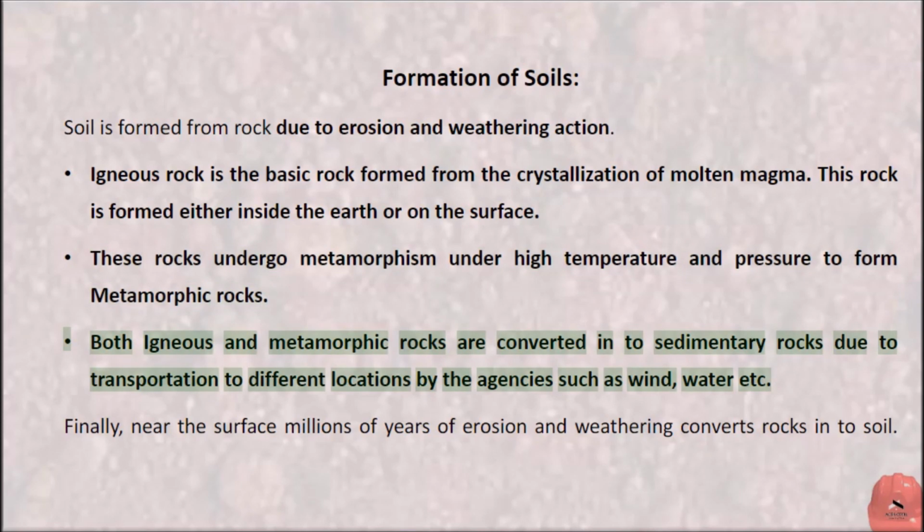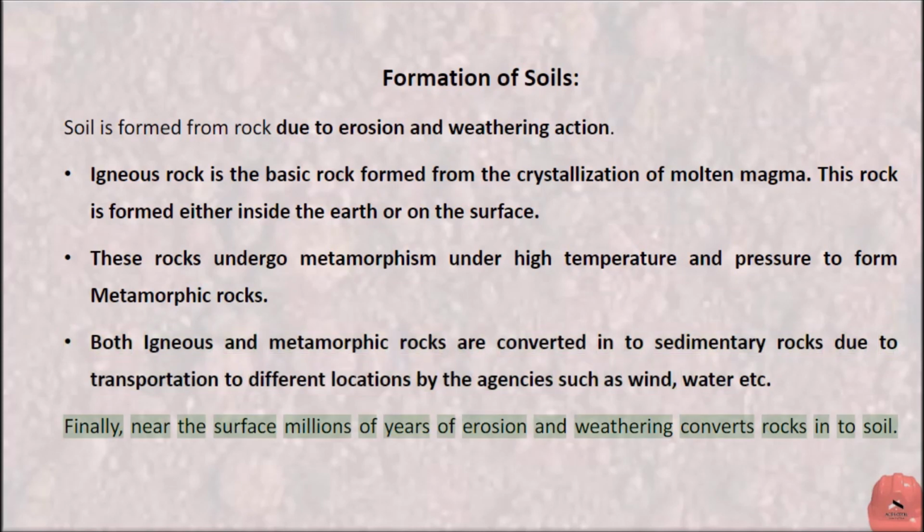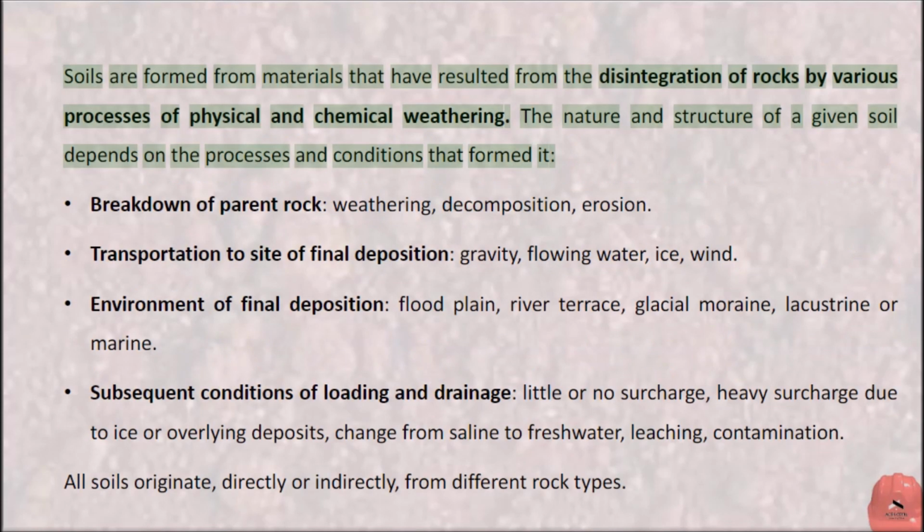Both igneous and metamorphic rocks are converted into sedimentary rocks due to transportation to different locations by agencies such as wind, water, etc. Finally, near the surface, millions of years of erosion and weathering converts rocks into soil.